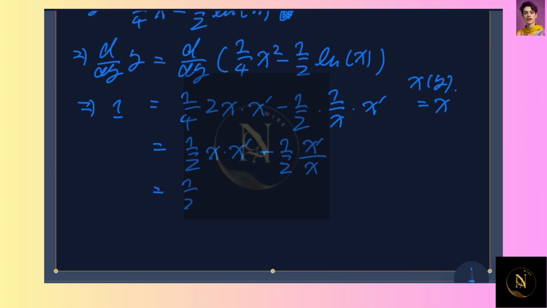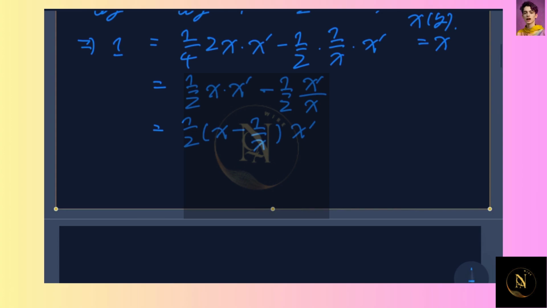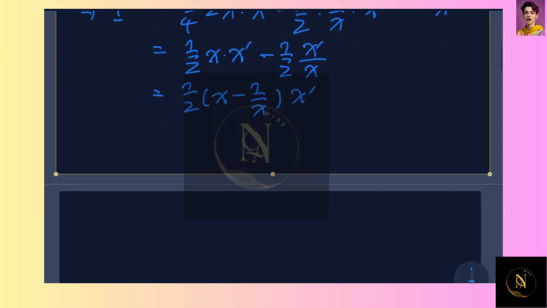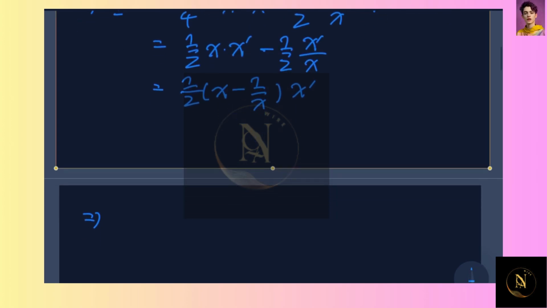Now I'm just going to factor out x prime and get this expression, and divide both sides by it. We have 1/2 times x minus 1/x. And what you will get is this expression.